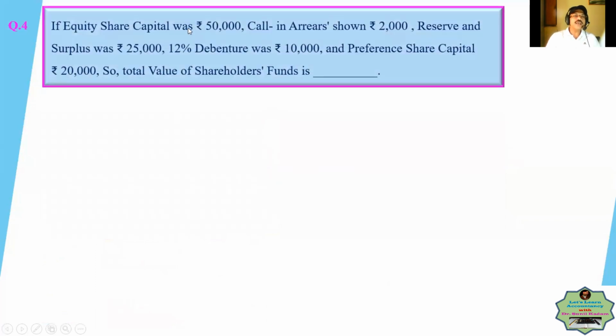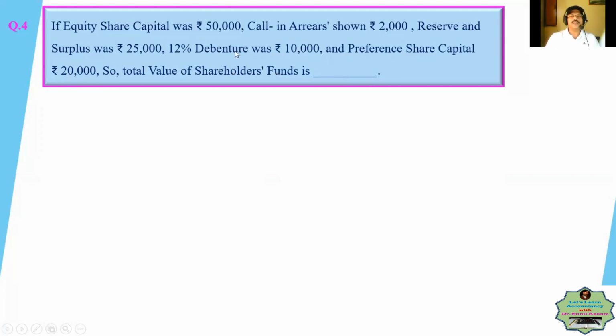If equity share capital was rupees 50,000, calls in arrears shown rupees 2,000, reserves and surpluses are given 25,000, 12% debentures were rupees 10,000, and the preference share capital rupees 20,000, what is the total value of shareholders' fund?